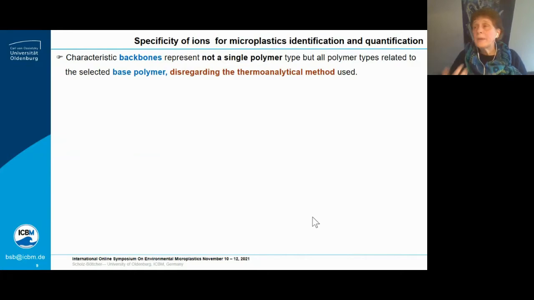But in a complex environmental sample, that is not the case at all. As Ichi-san already mentioned, we have a lot of different polymer types that have the same backbones, and in a complex mixture, distinct characterization and identification is no longer possible.